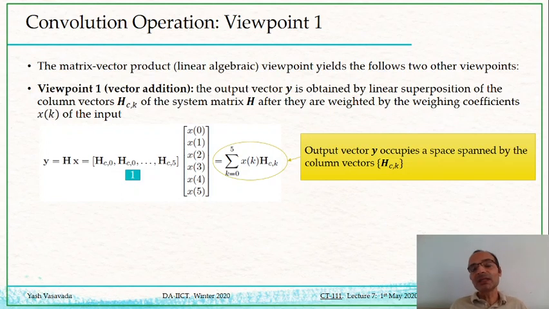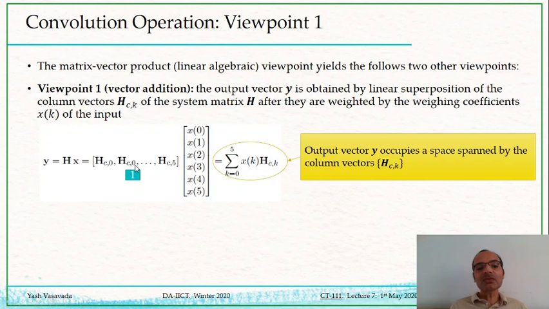If you multiply any vector by a scalar, all that happens is you are changing the length of the vector, not the direction. And then you do the same thing with HC1 times X of 1 and so on, and you add all those vectors up, which means that this output y is nothing but a linear vector addition of all the column vectors of H.